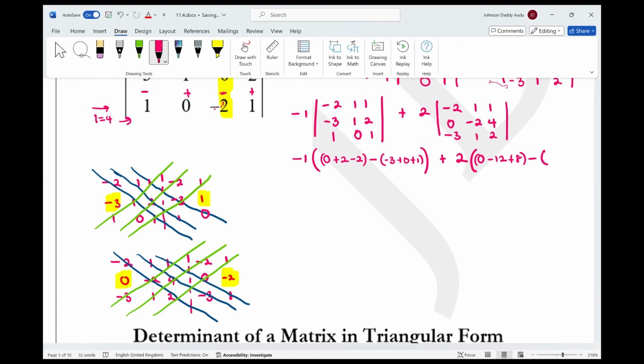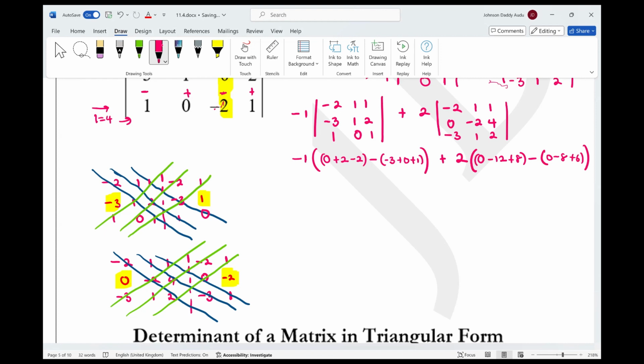We can also see a 0. So we have 0 -8. And then plus 6.